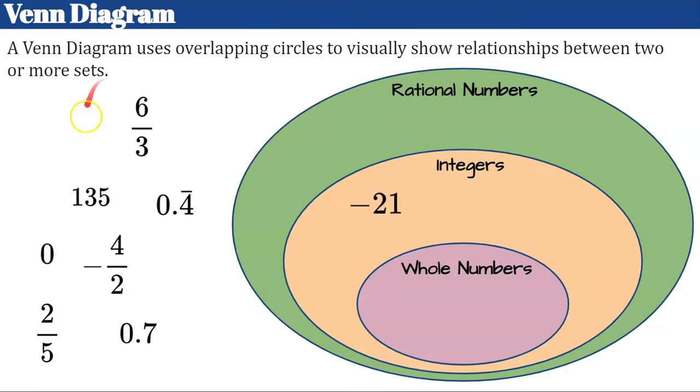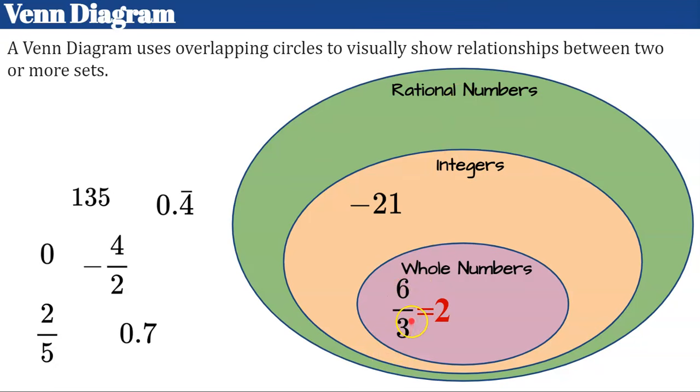Let's move on. 6 over 3. Before I can place this value, I have to simplify it. 6 divided by 3 is 2. Although it can be written as a fraction, it simplifies to 2, and I put it into the whole number category. Because it simplifies to 2, it is a whole number. But remember, whole numbers are also integers and also rational numbers.